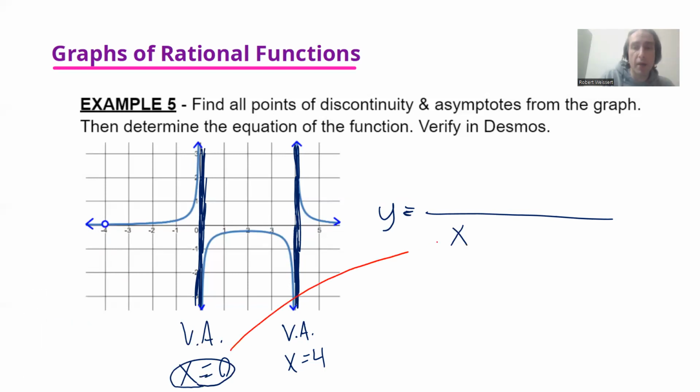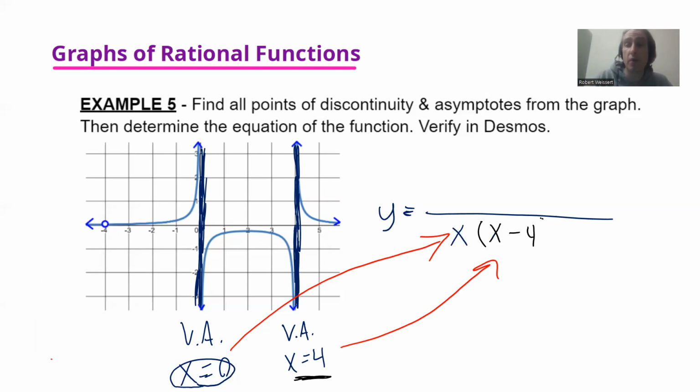So 0 is going to give me x. -4 is going to give me x plus 4. Or, excuse me, x equals 4 is your vertical asymptote. So that's actually going to be x minus 4. I almost messed that up, okay? So we have x times x minus 4. And they don't get a numerator because they don't cancel anything from the top, all right? That's just what's left over after you cancel. So you're stuck with those on the denominator.